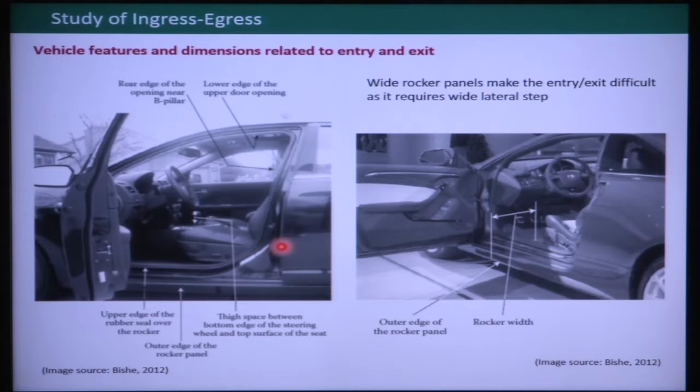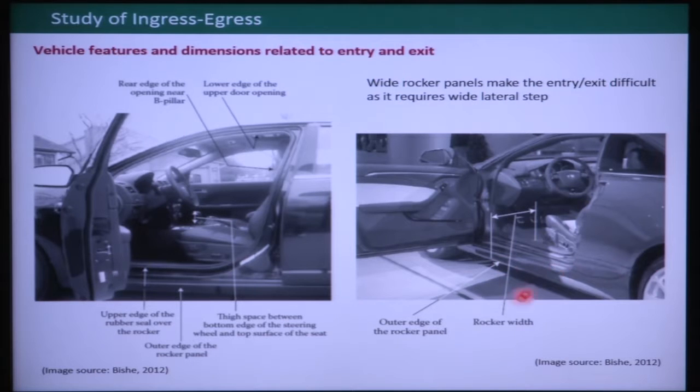Here he mentioned various dimensions of the vehicle which are related to ingress egress: the location of the B pillar, the lower edge of the upper door opening, the upper edge of the rubber seal over the door rocker, the outer edge of the rocker panel, then the thigh clearance space between the seat surface and the bottom side of the steering wheel.